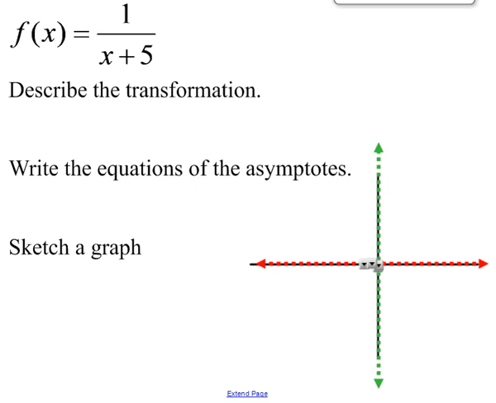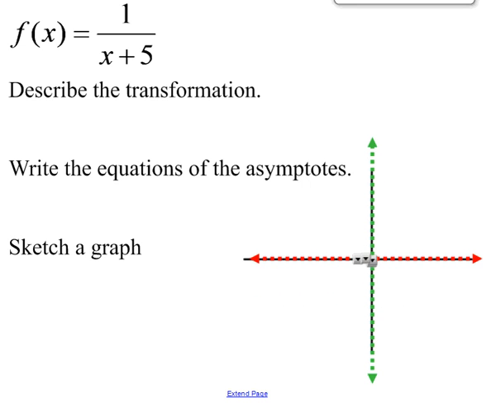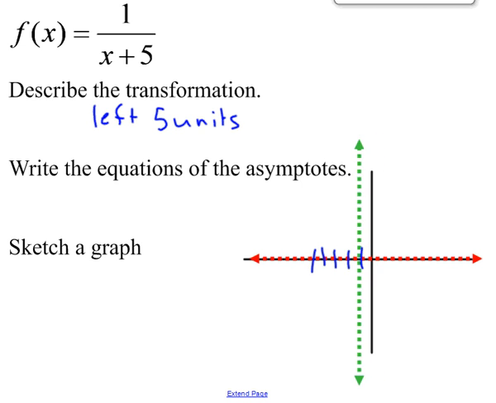All right, let's try another one here. So I have the graph 1 over x plus 5. And so that plus 5 moves it to the left 5 units. So I'm going to go over 1, 2, 3, 4, 5. And so I'm going to take my vertical asymptote and move it over 5 units. But my horizontal does not change.